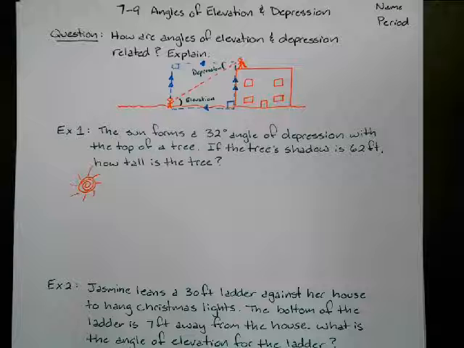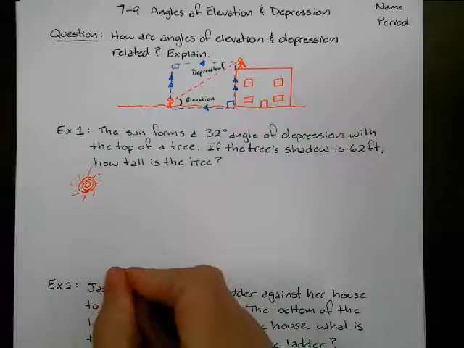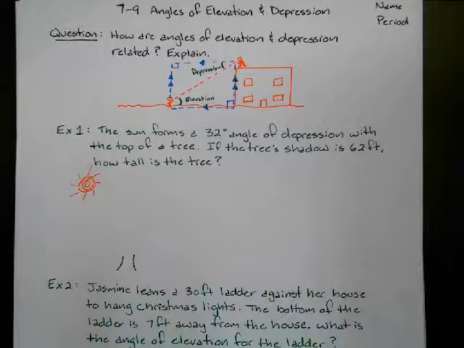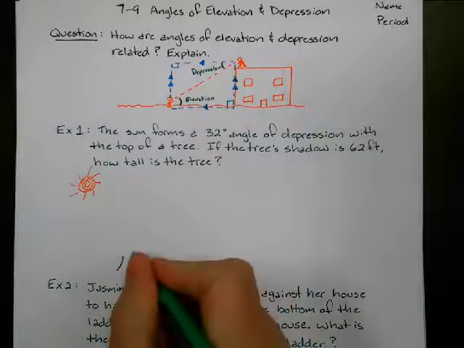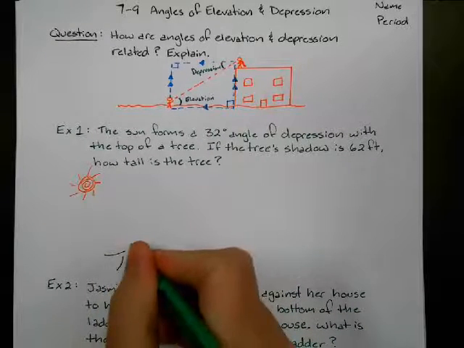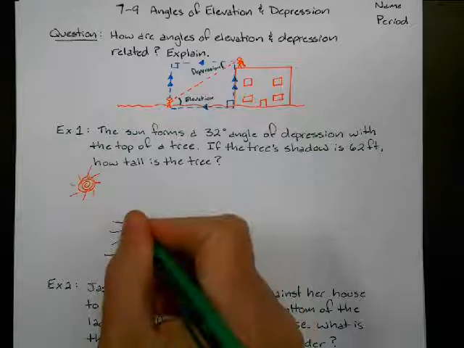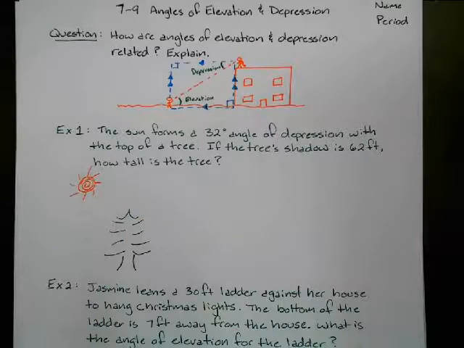And it looks like I got a tree. Let's put the tree right here. So there's my tree. It's going to be a happy tree. So there's branches. And okay, there's my tree.